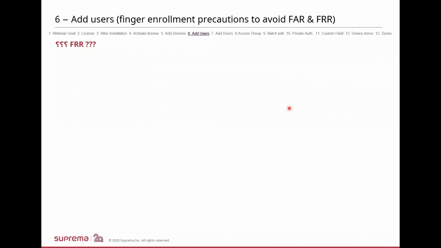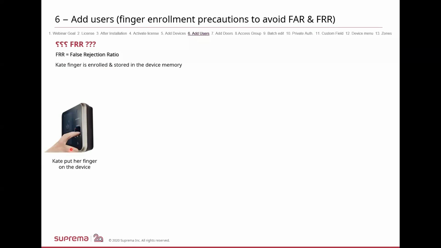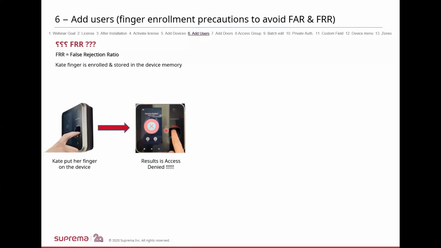Now, let's go to FRR. Again, the terminology of FRR is false rejection ratio. What does that mean? We will assume that Kate's finger is enrolled and stored in the device memory. So Kate puts her finger on the device, but the result is access denied.